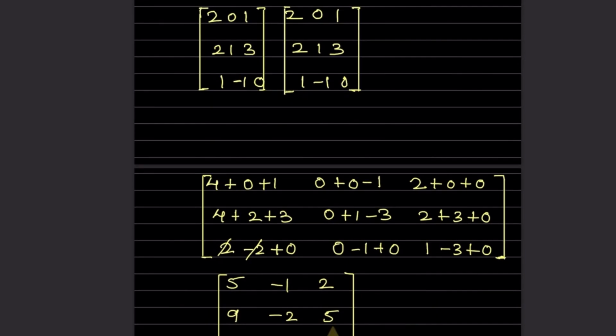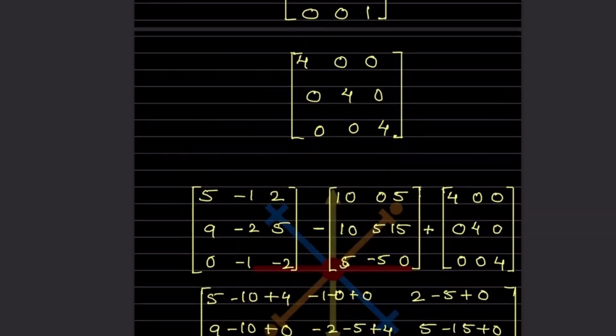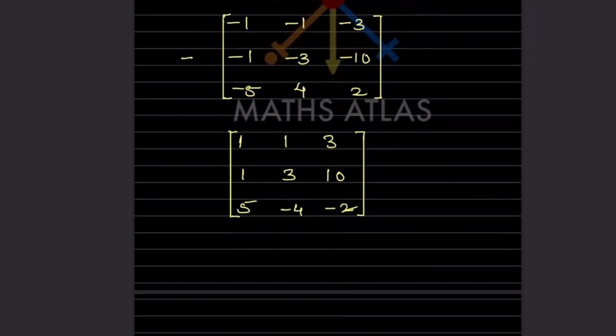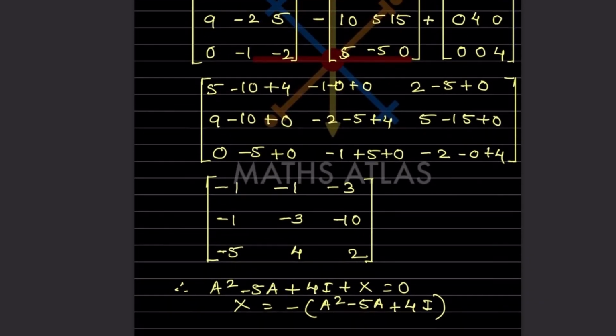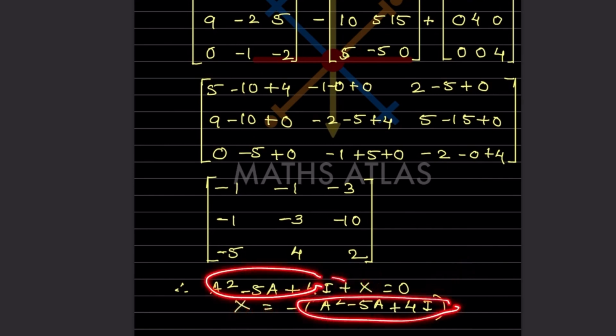Now let us see for this one, A² − 5A + 4I + X = 0. So now what we can do here, we'll take X on one side and this whole we'll take on the other side. So what will we get? This is going to be minus and this whole will be here. Hope you got this one?